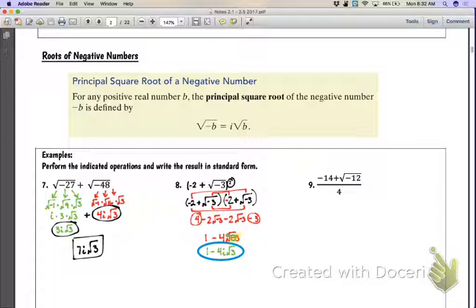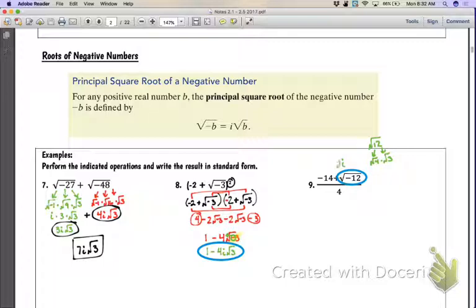Same way on 9. On 9, the only thing you have to focus on is going to be right back here with that square root of negative 12. Once you simplify that, it's going to have an I. If we simplify the square root of 12, that's just the square root of 4 and the square root of 3.